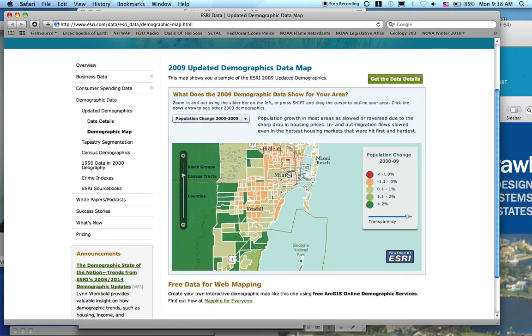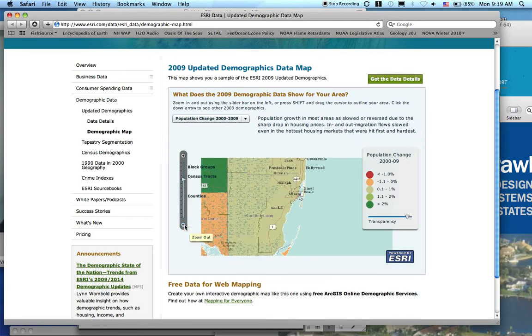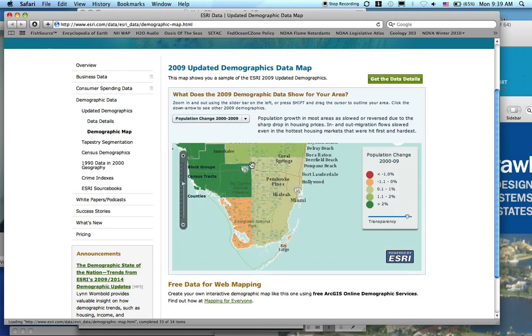You can see what's gone up, what's gone down, what's held steady. And if we go back out, just think of the implications in this example for the Florida Everglades project. They're competing with this ever-increasing burgeoning population around Miami and the surrounding suburbs, moving right out into the Everglades National Park.